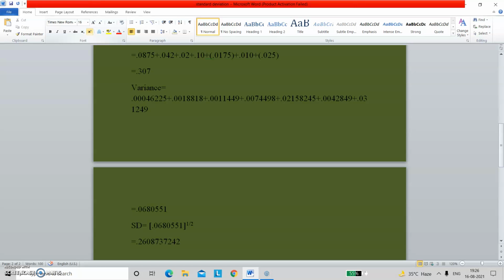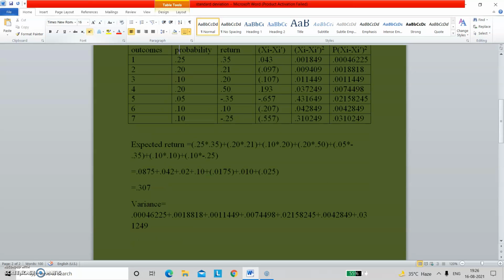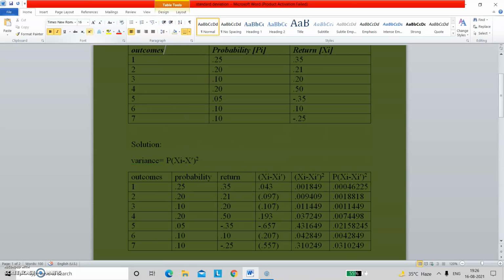So this is the standard deviation for this, right? So there is almost a 26% chance that the outcomes which you have projected might deviate from the actual return, right? So this can be classified as a somewhat moderately risky security, right?